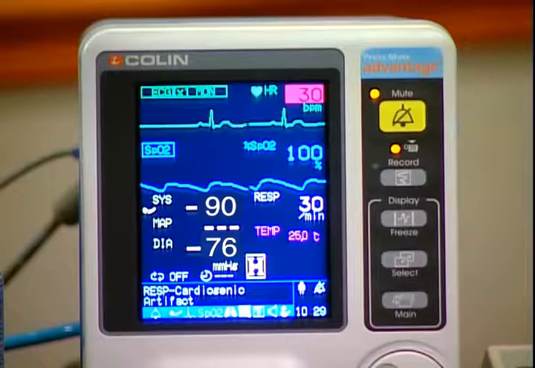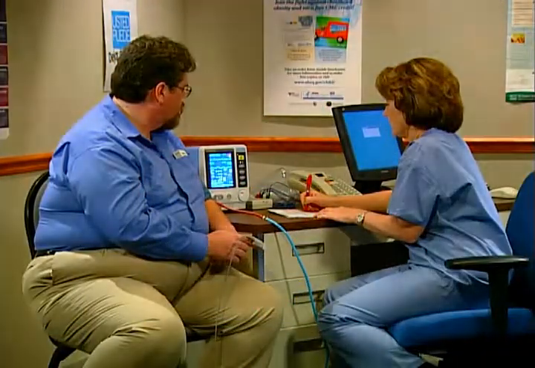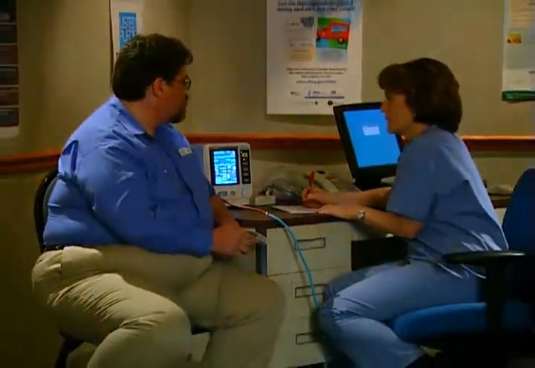This 52-year-old male has multiple risk factors for cardiac disease: obesity, smoking, and high cholesterol. He presents to the emergency department with chest pressure that woke him up from sleep, with nausea, shortness of breath, and diaphoresis. His heart rate is between 30 and 40 and irregular.